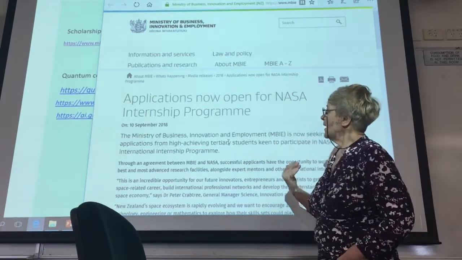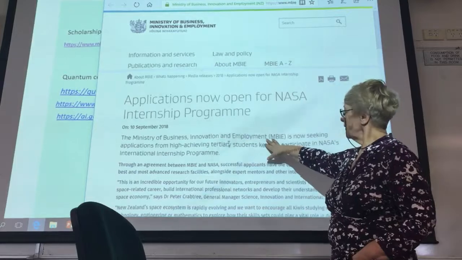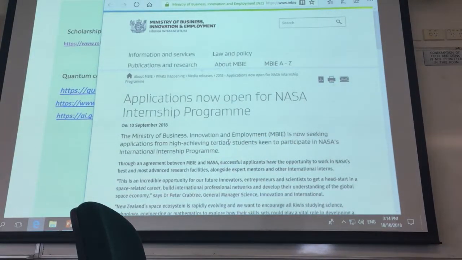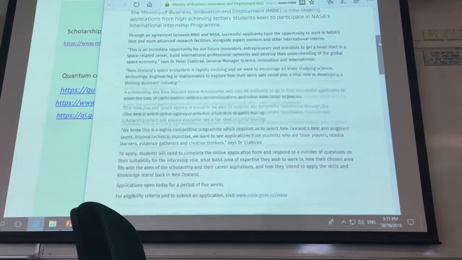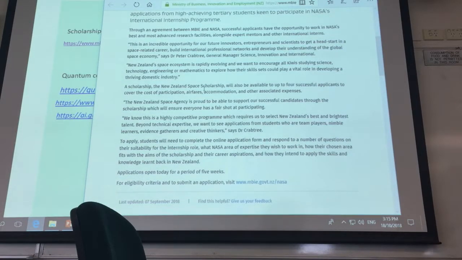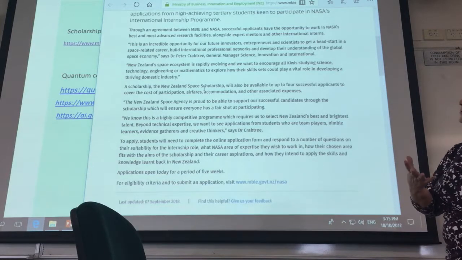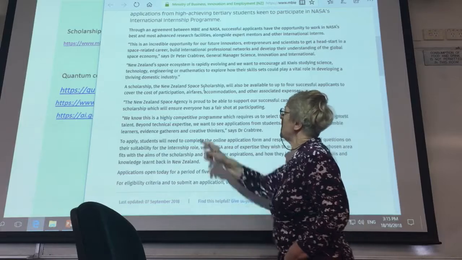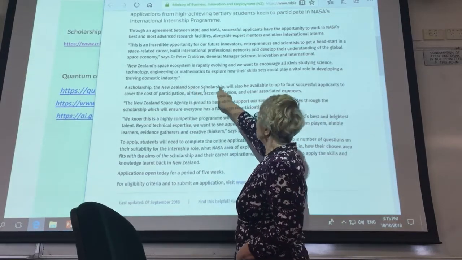It's organized via the Ministry of Business, Innovation and Employment, and any New Zealand student who has very good results can apply for this New Zealand Space Scholarship.